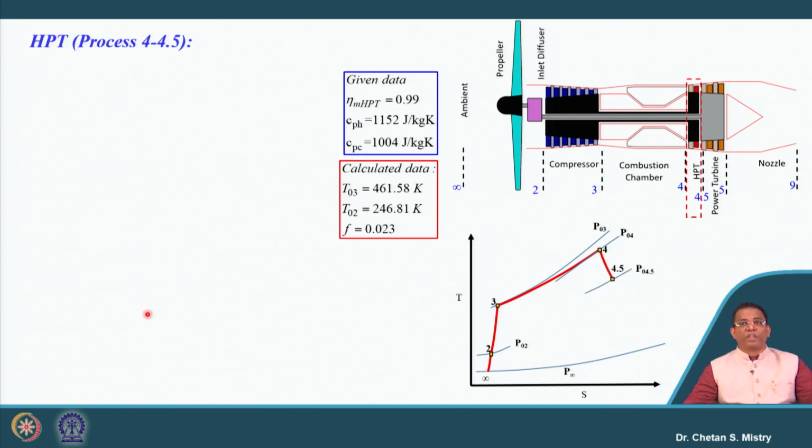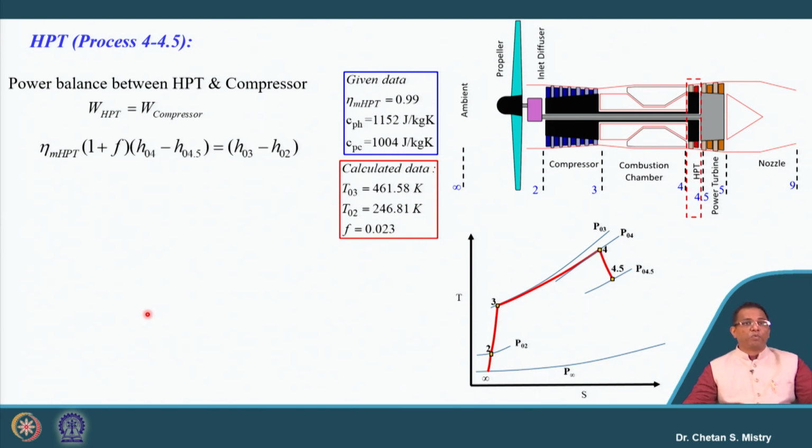The next component we have is our HP turbine. As per the configuration, we know this HP turbine is used to rotate the compressor only. That is the reason we can write the work balance equation as the work developed by the HP turbine will be consumed by the compressor. Let's put in terms of mechanical efficiency.